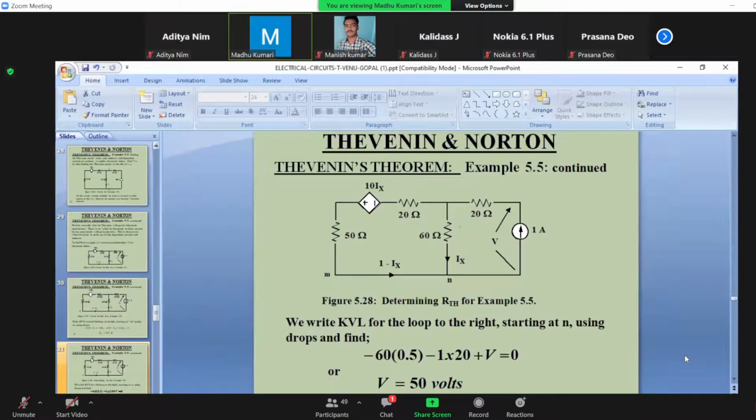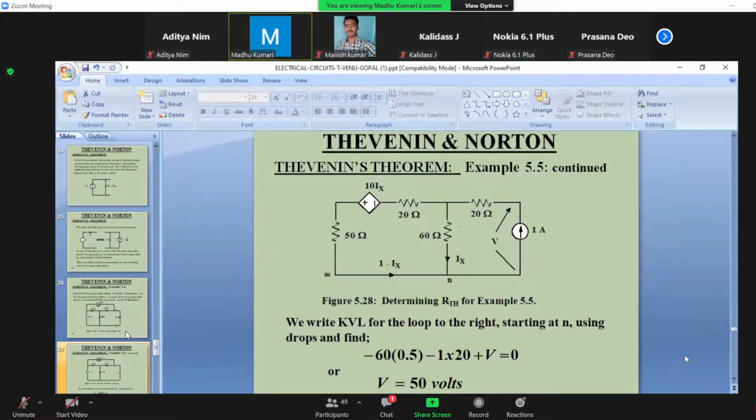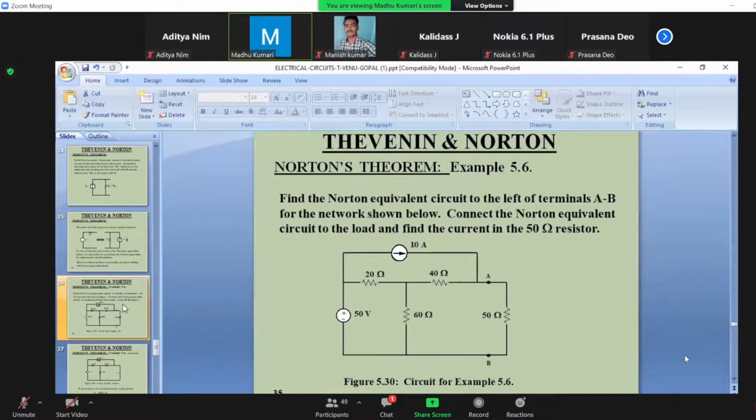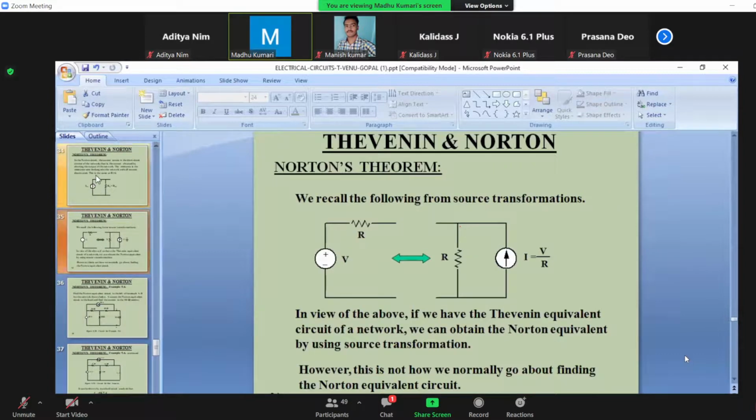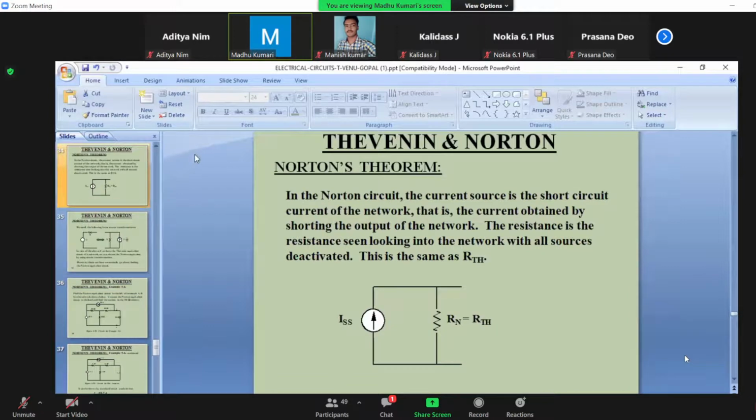In Norton's theorem, any bilateral network can be reduced to one Norton's equivalent current source and one equivalent resistance, that is Norton's resistance. The same network, same circuit, can be solved using Thevenin's theorem or Norton's theorem.